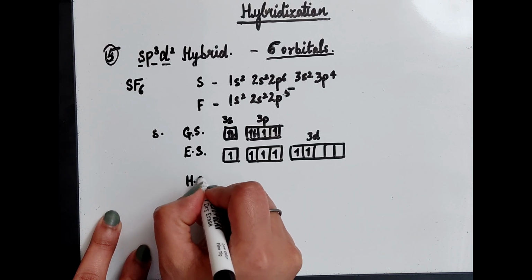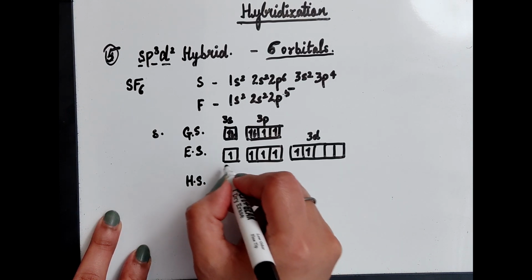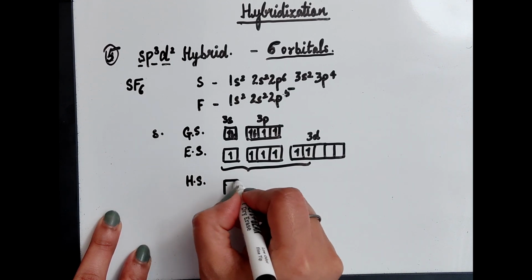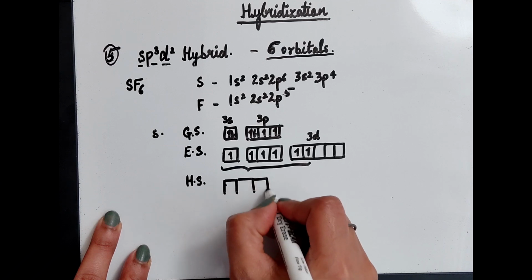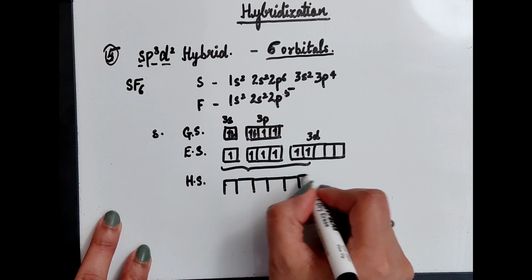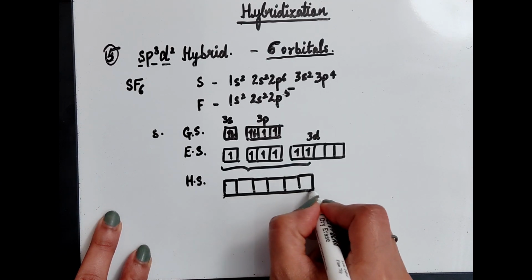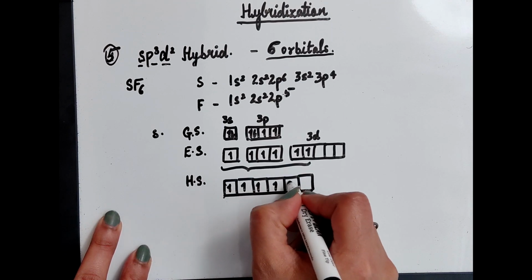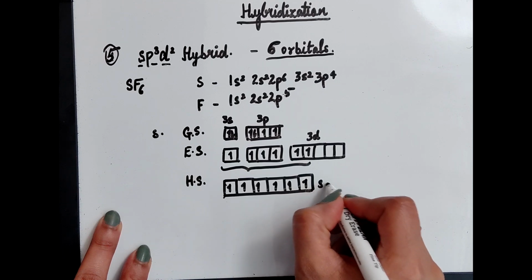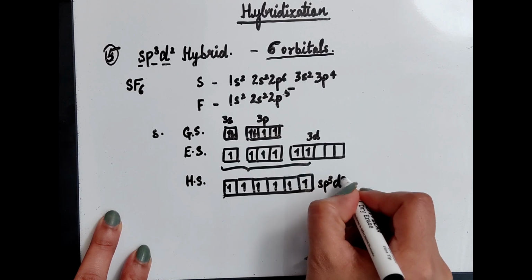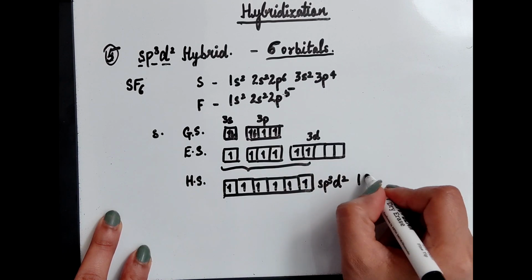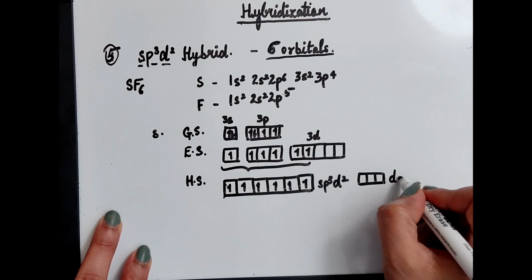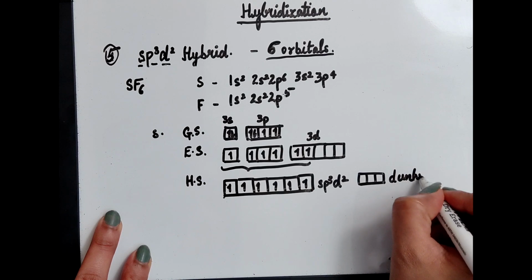So the hybrid orbital will become sp3d2. These 6 orbitals will come under the sp3d2 hybrid orbital, and these 3 will be left as d unhybridized orbitals.